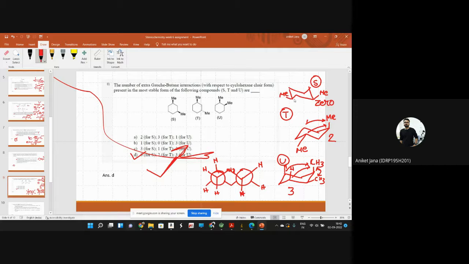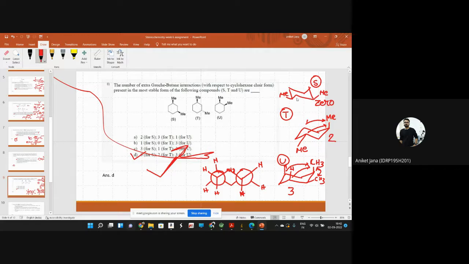Yes, we can expect it. So when the two methyl groups are at axial positions, 1, 3 position. But as we know, the methyl group in the equatorial position is the most stable. So we have placed it in the equatorial position, the most stable one. Okay.